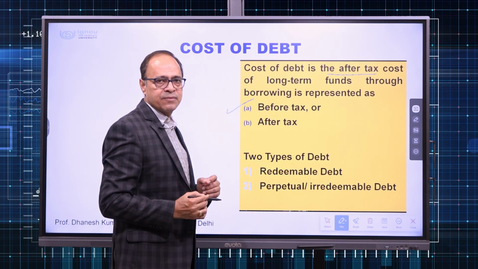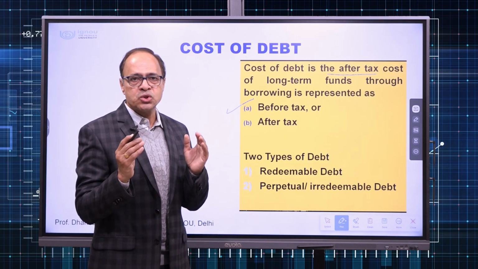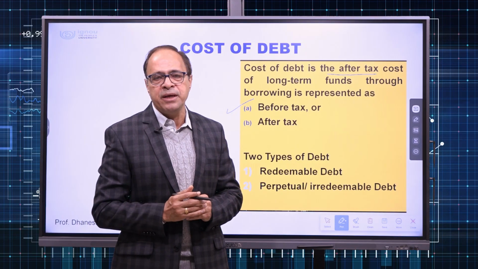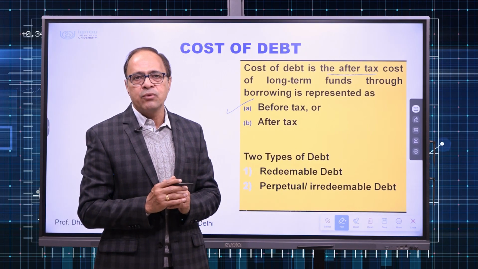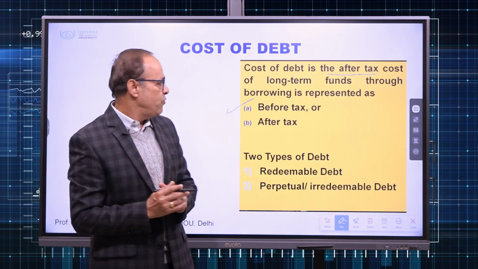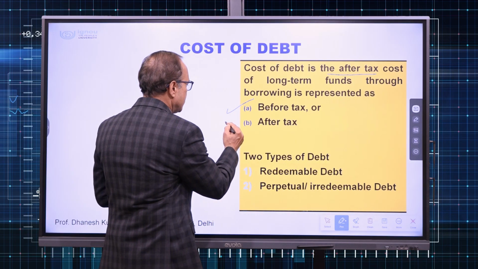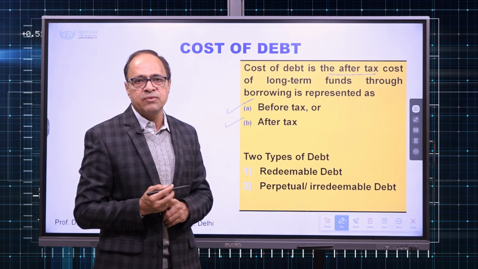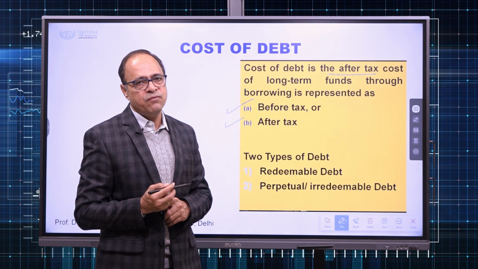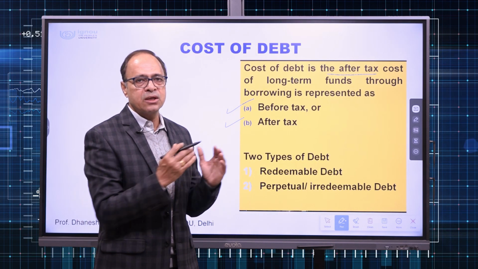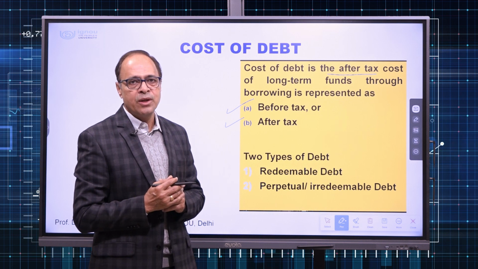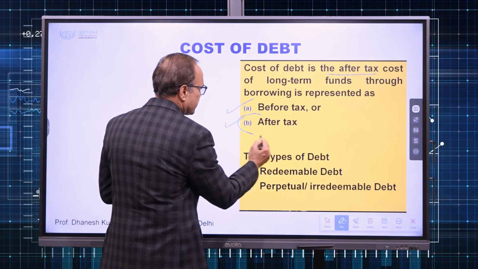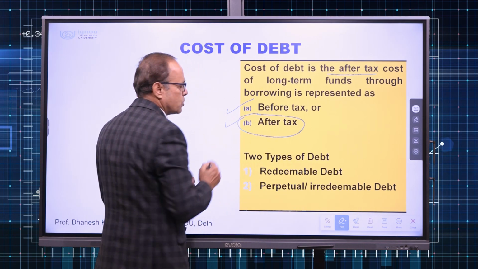Cost before tax means such cost of debt where tax benefits associated with the interest payment and the flotation cost have not been considered. Whereas after-tax cost is after considering the tax benefit associated with the interest payment and the flotation cost, or all the other costs associated with the debentures. So, in practice, the more commonly used cost for the debentures is the after-tax cost.